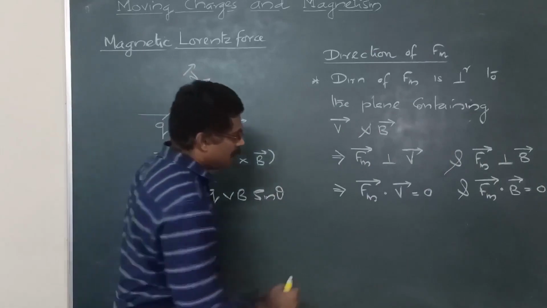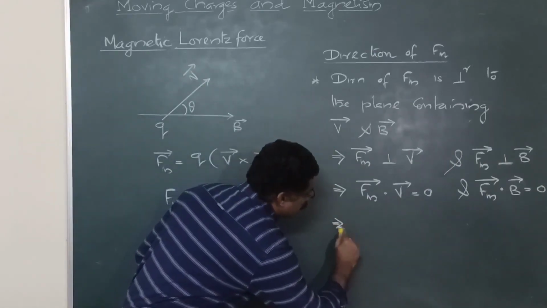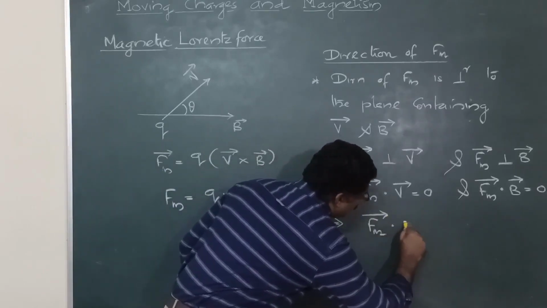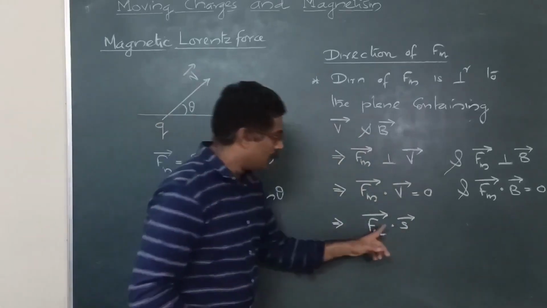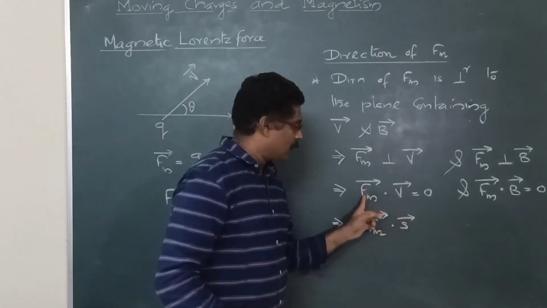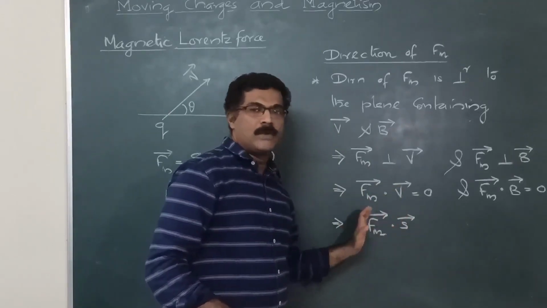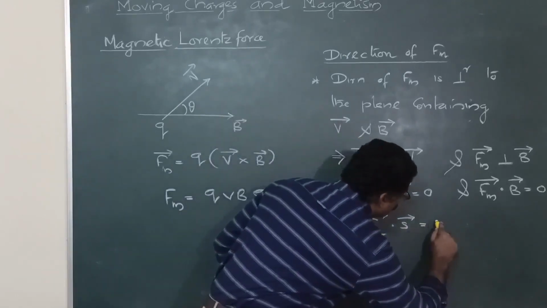Then, since Fm dot V equals 0, you can ask what is Fm dot S vector. Fm and V are perpendicular, and Fm and S are also perpendicular, so this is also equal to 0.